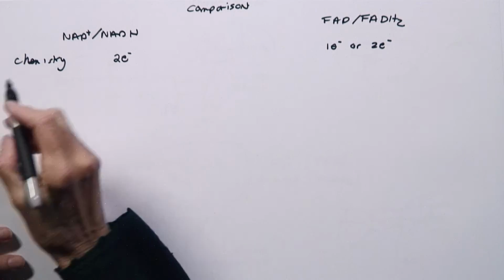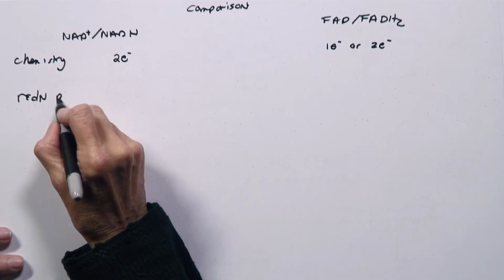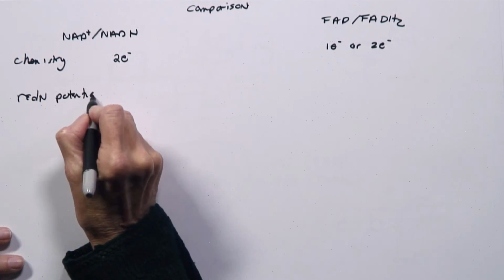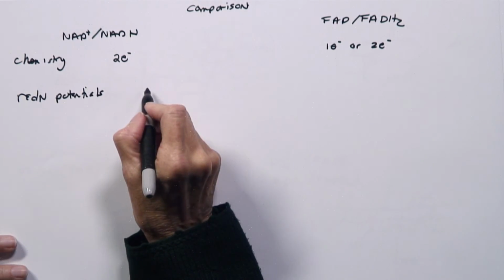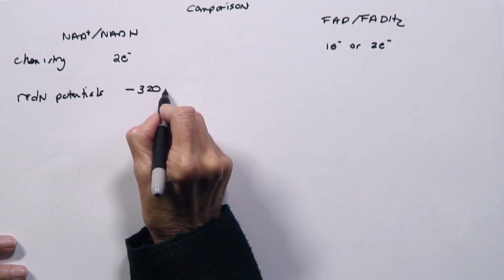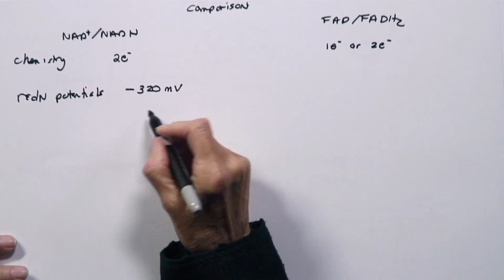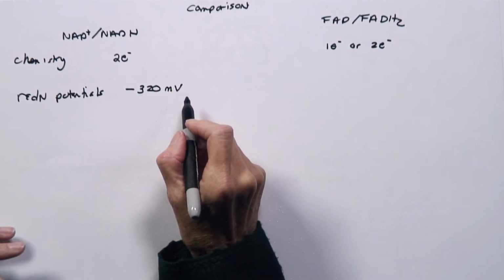The second thing is since we're doing oxidation and reduction, we need to think about the reduction potentials. If you think about the reduction potential of NAD, NADH, it turns out to be minus 320 millivolts. And what you need to recall from freshman chemistry is that the more positive the number, the easier it is to reduce.